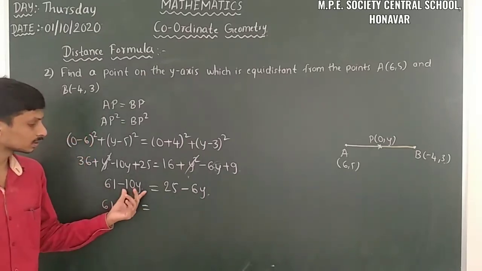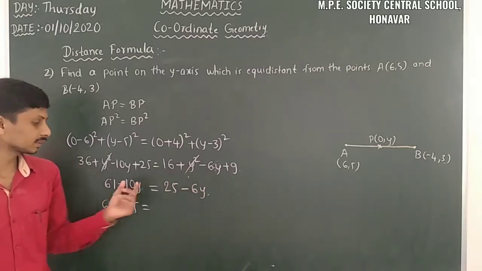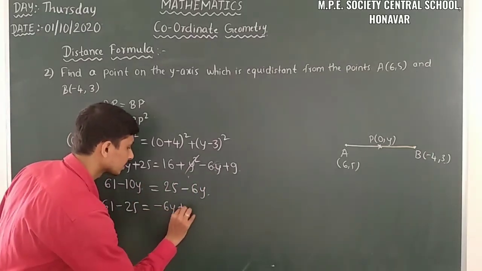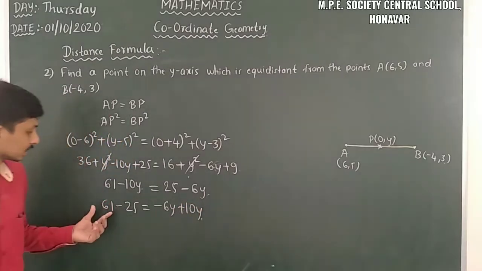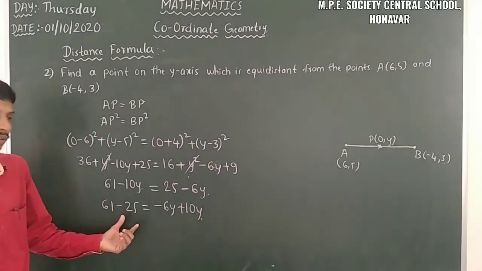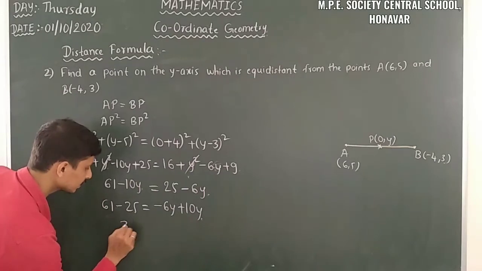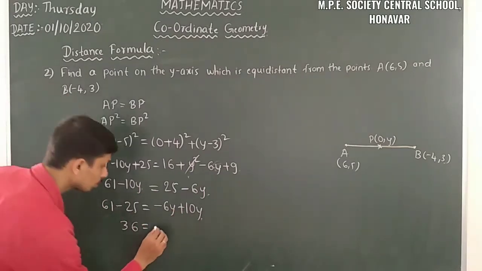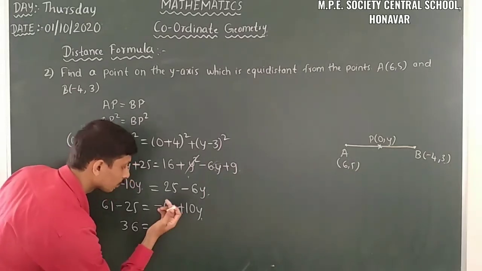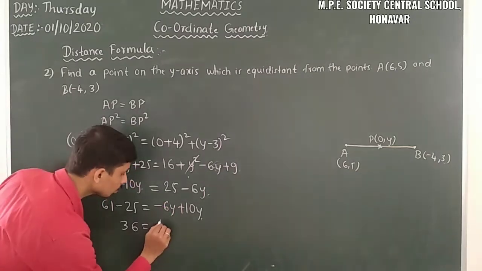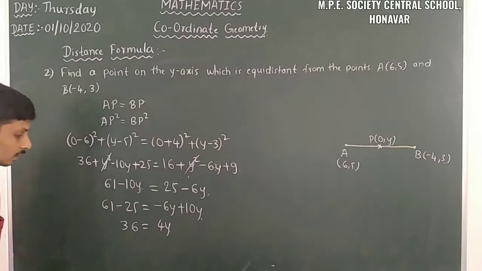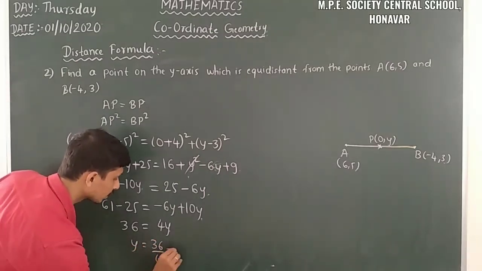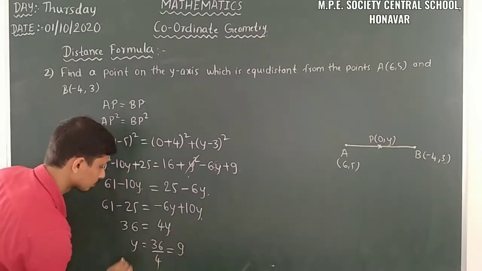I will transpose minus 10y to the RHS side, it becomes plus 10y. So 36 is equal to minus 6y plus 10y, which is 4y. That is y is equal to 36 divided by 4, which is 9.